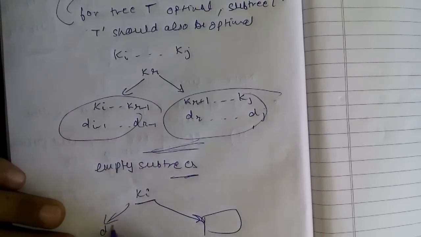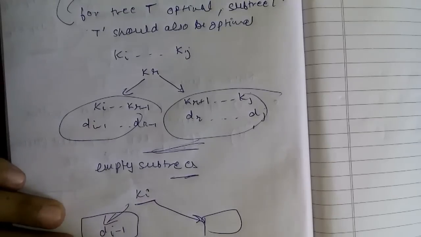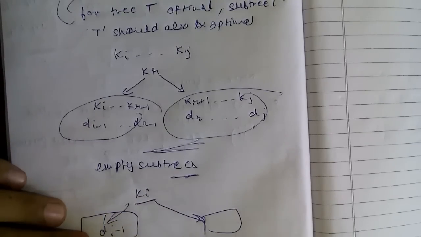Just there will be a dummy key di minus 1 on this side. So the expected cost for this case will be qi minus 1.